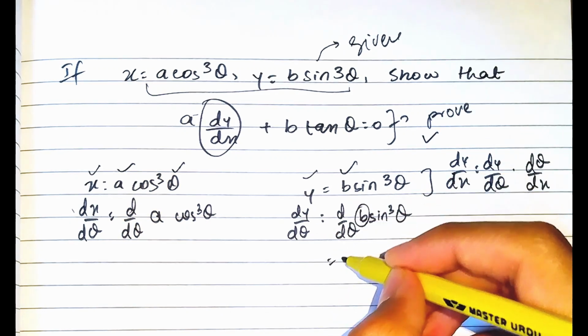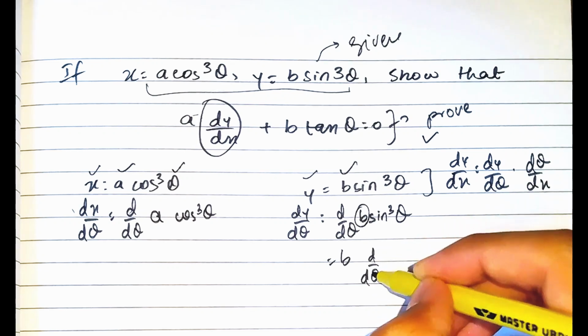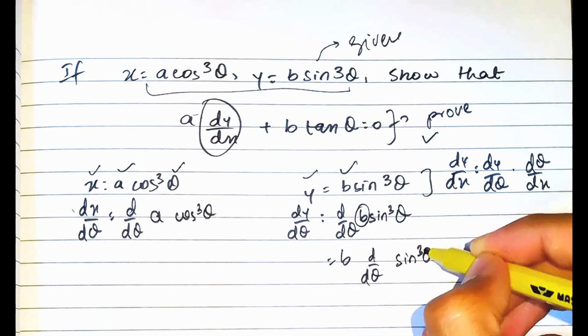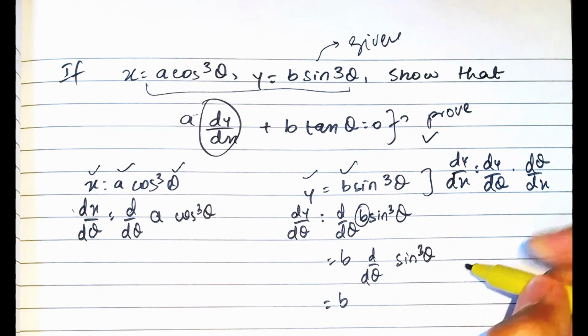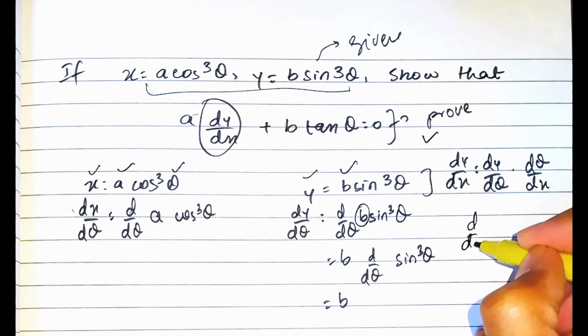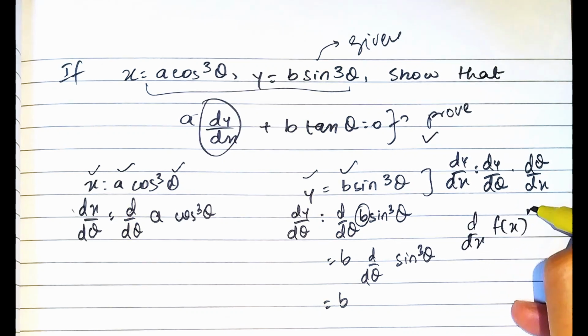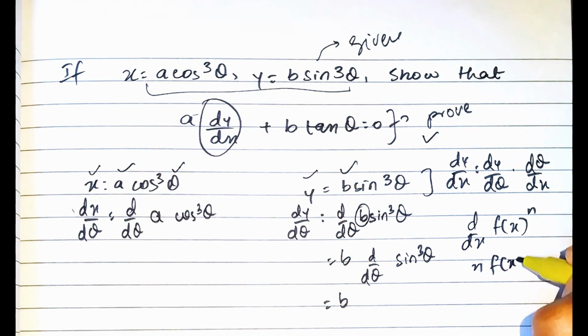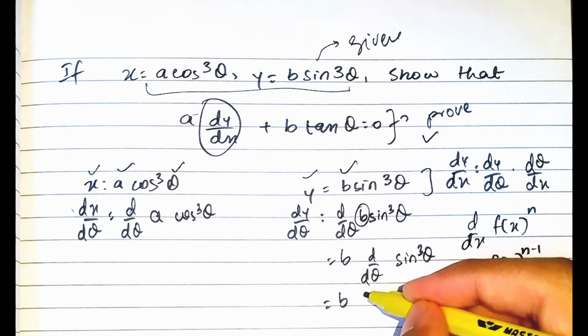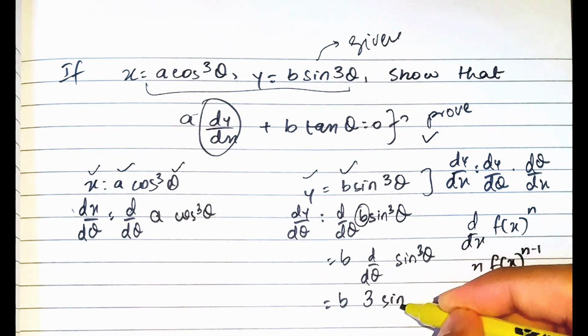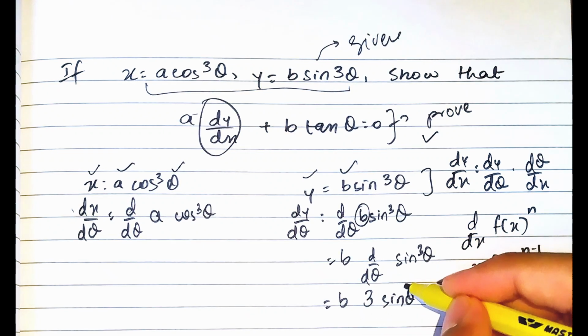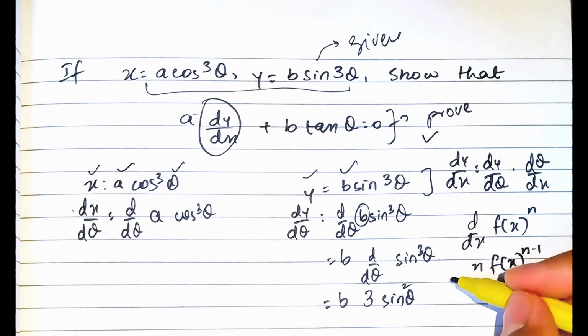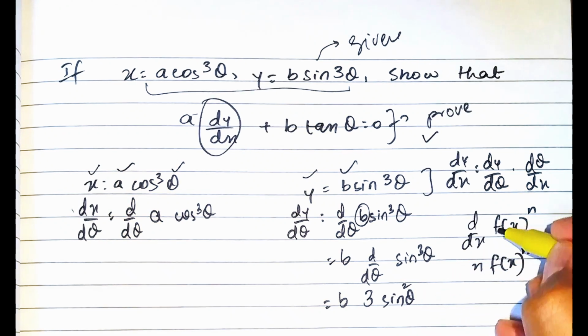b is a constant, so it would be separated, b d by d theta sine cube theta. Now it is a power, so the power rule will be obeyed, d by dx of f(x) power n, so the power would be at the beginning, then the function, and the power minus 1. So power, then the function, the power minus 1, 3 minus 1 is actually 2, and now the derivative of the angle. What is the angle? The angle is anything which is present under the power.